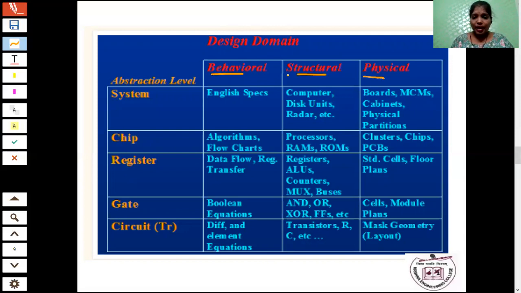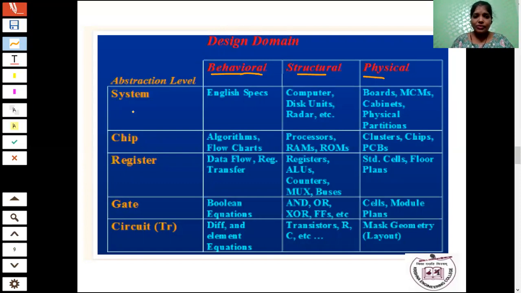The behavioral level representation gives the details about the end product you are going to design. Structural means what components we are using to fulfill the design. Physical is nothing but the physical geometrical layout of the design.